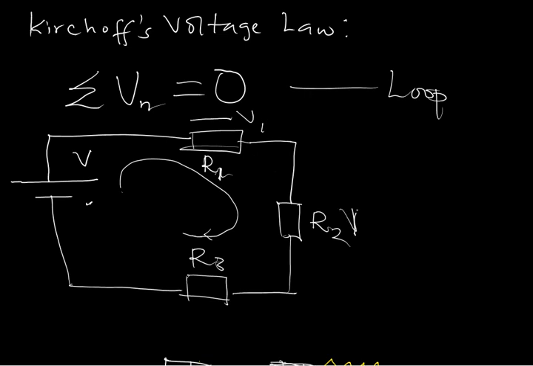This resistor will have V2, and this resistor will have V3. If I sum all of them, it should be equal to zero. So how do you sum voltages whose values are not zero and get zero? It simply means that some of these voltage drops will be either positive or negative. That is the only way it will be equal to zero, depending on the direction of the movement of the current.